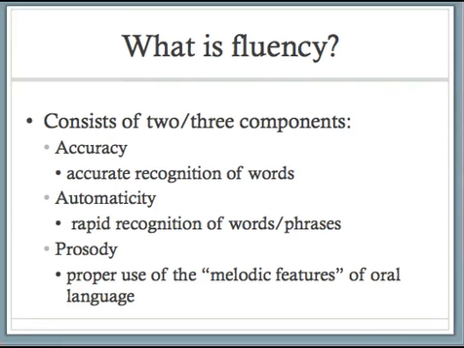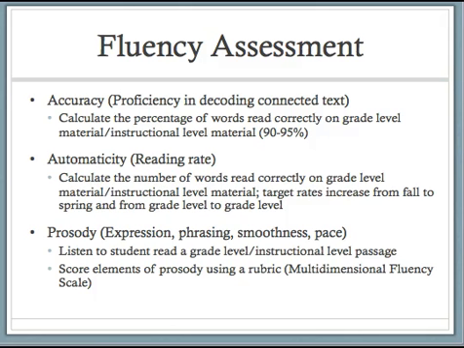Unlike vocabulary and comprehension, topics we're going to be tackling in the next few weeks, the assessment of fluency is relatively straightforward. Accuracy, proficiency in decoding connected text, can be assessed by calculating the percentage of words read correctly on grade level material or instructional level materials.